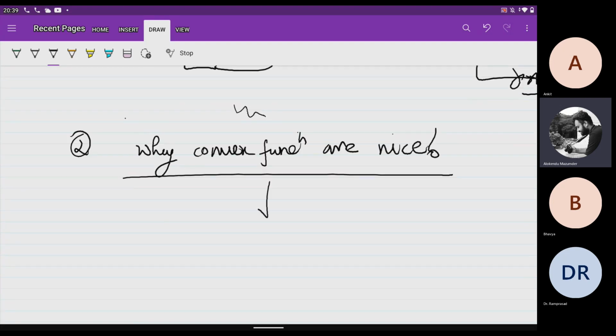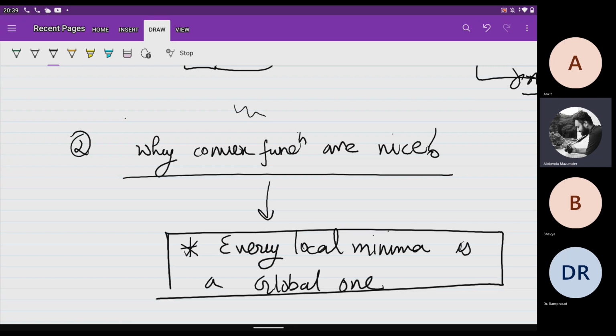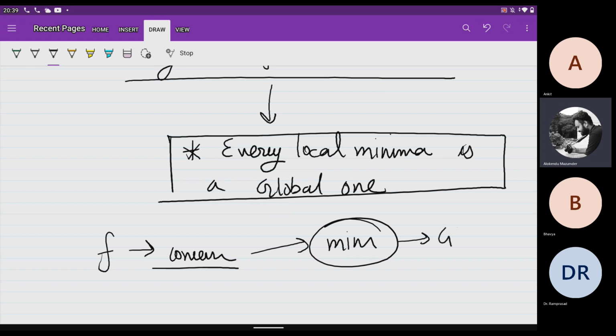They are nice because every local minima is a global one. It means if f is a convex function, and I found its minima, then it must be a global one.